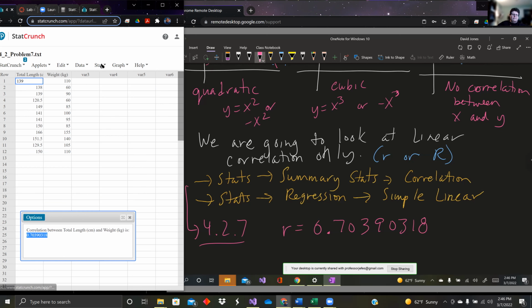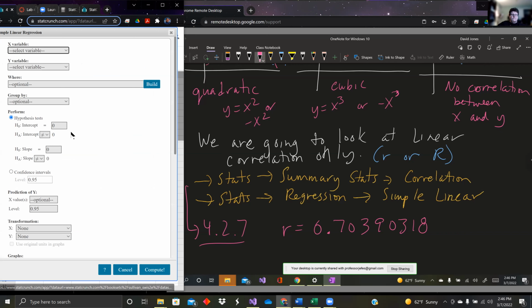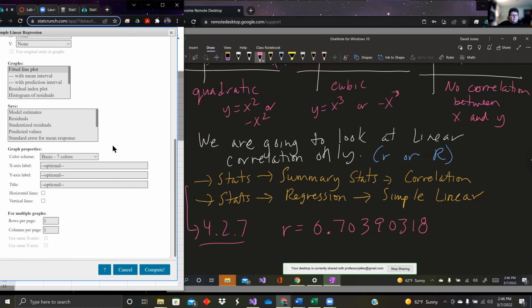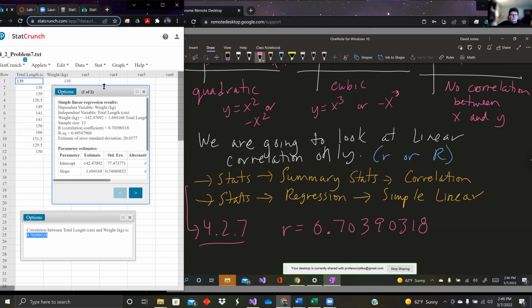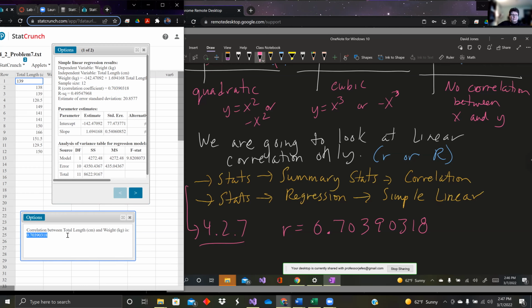Let's see what stats, regression, simple linear gives us. We need to tell it what it's looking for, which one's X and which one's Y. And I think that might be good for now. And notice it gives us some more information. I can see my R here. It's the same value, right? See the same value there and there.